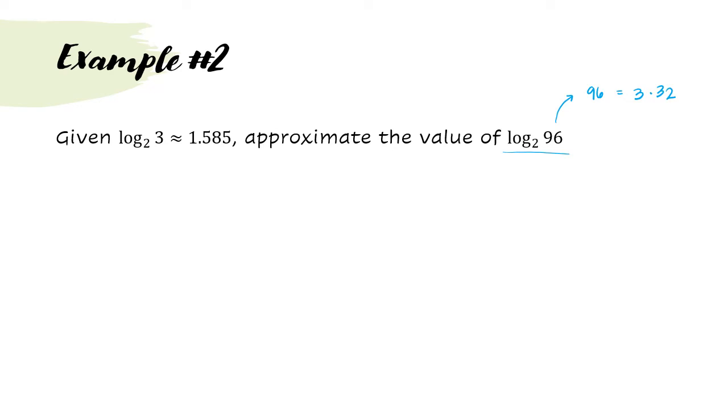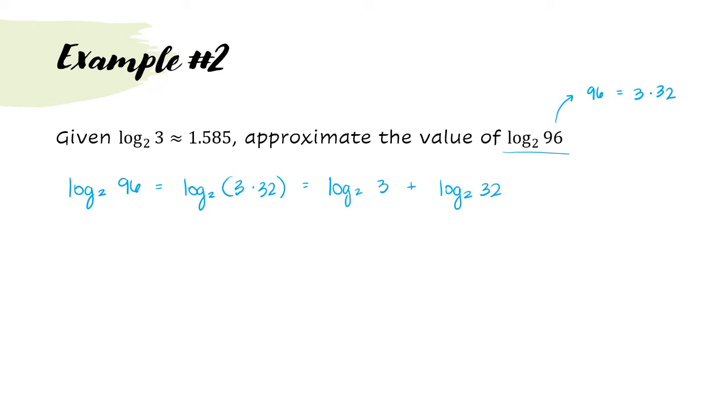So that means I can rewrite log base 2 of 96 as log base 2 of 3 times 32. And again, using the same property of logs that we just used, we can rewrite this as log base 2 of 3 plus log base 2 of 32.